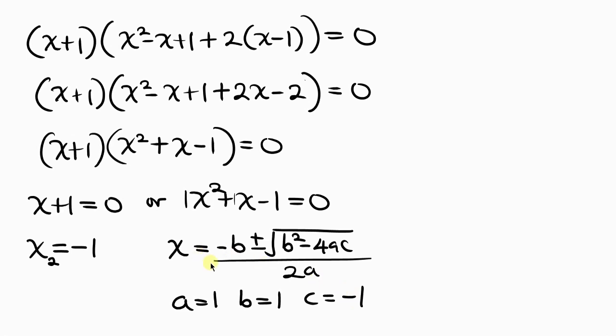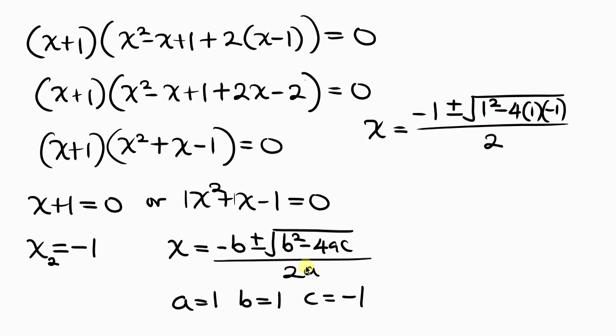Now let's substitute into our quadratic formula. So x now becomes negative b is 1, plus or minus the square root of b squared, which is 1 squared, minus 4ac, which is 4 times a is 1, times c is negative 1, all over 2a, which is 2 times 1. Very good.